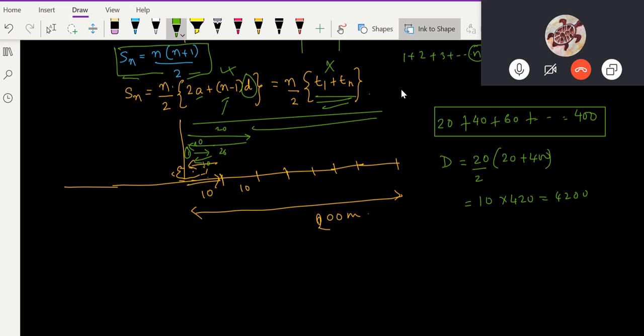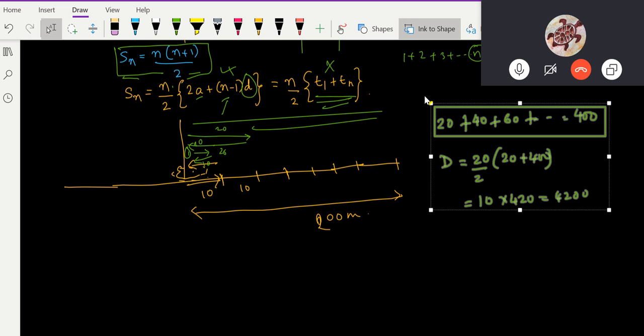So this is a practical problem on arithmetic progression. Let us look at one more case.